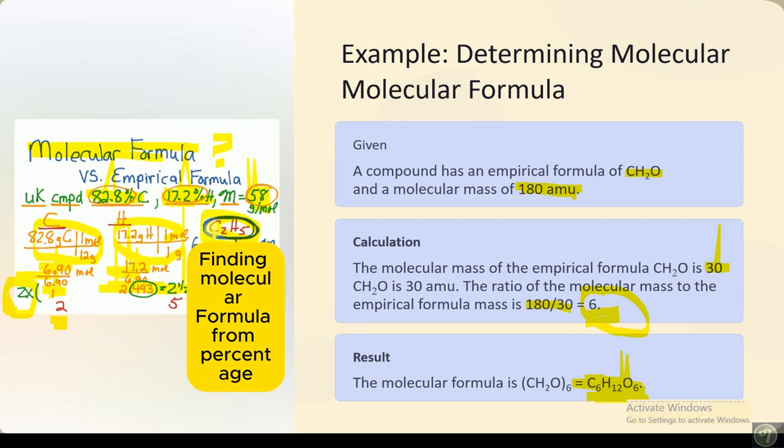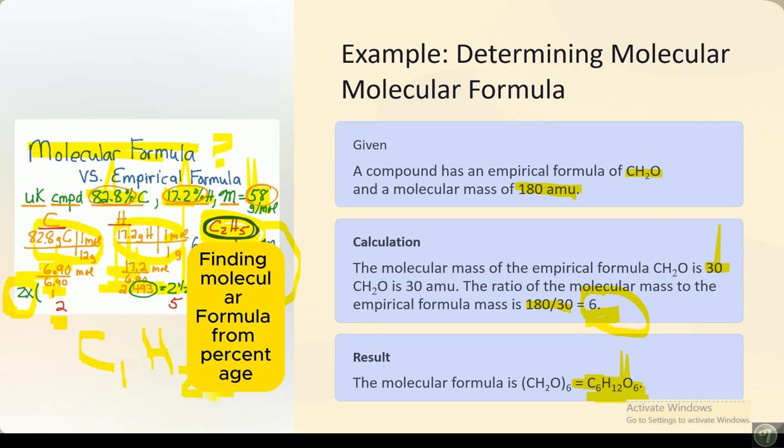I have finished the empirical formula, but I have not gone to the molecular formula yet. To do that, there is the given mass 58, so let me find the molar mass of C2H5: carbon 12 times 2 is 24, plus 5 for hydrogen, so 29. We have 58 divided by 29, so the factor is 2. Once we have the factor, the empirical formula times the factor gives the molecular formula.